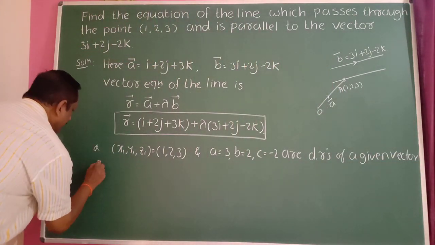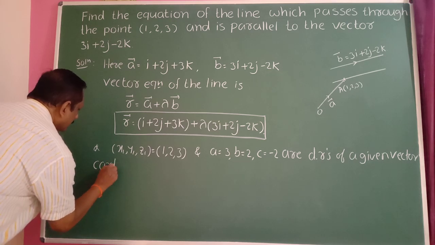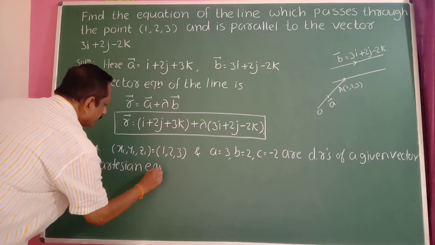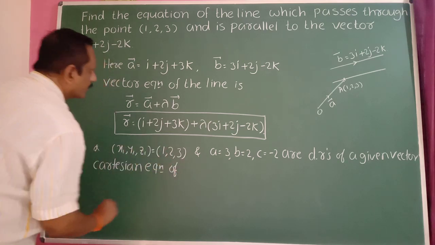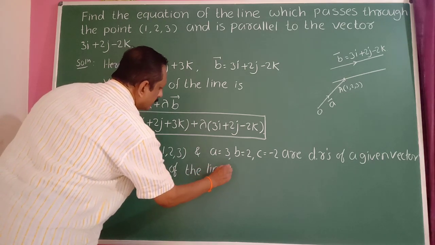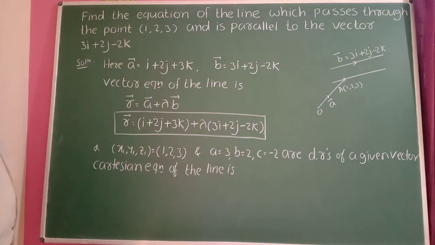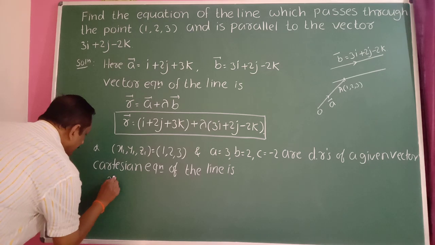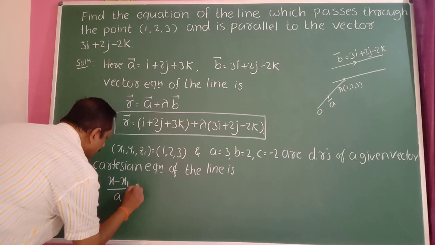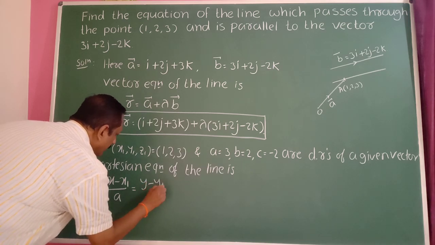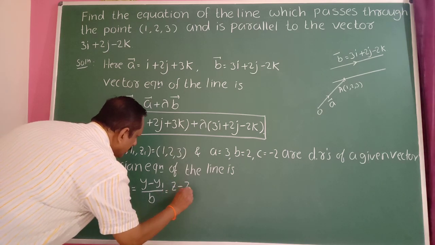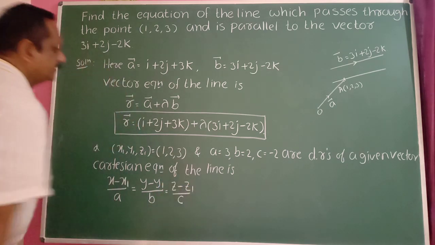So therefore a Cartesian equation of the line is (x minus x1) divided by a is equal to (y minus y1) upon b is equal to (z minus z1) divided by c.